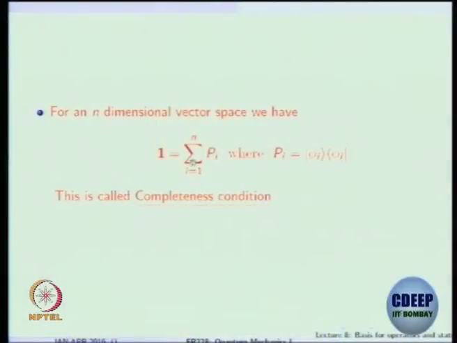If I just give you i cap and j cap, it's not complete. You all agree? So, this condition that the sum of all the projection operators of a given basis set is identity is what is called the completeness condition.